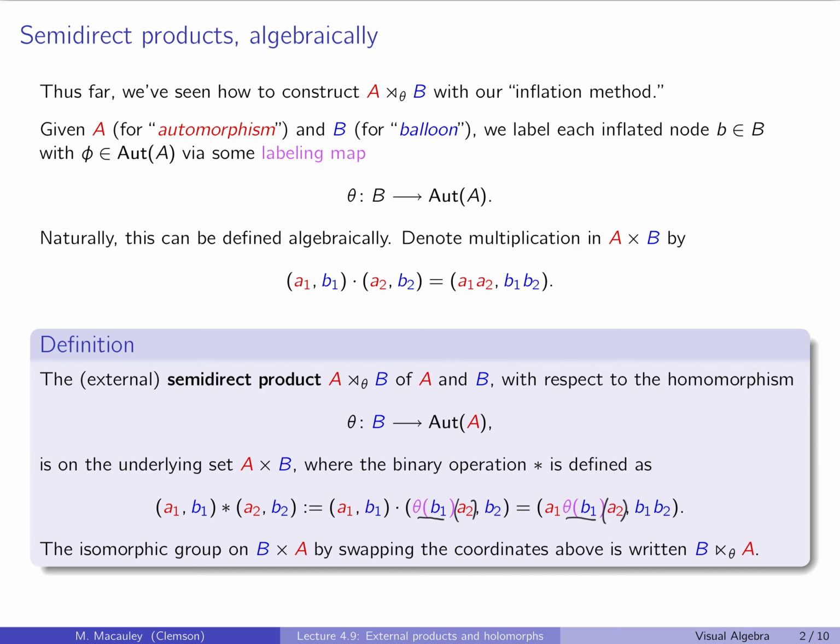Now, we defined it like this, but really you can just hold this definition up into a mirror and put the B's first. So we could define a similar group on B cross A, just by swapping the coordinates, and we will write that B semidirect product A. So if we do that, the open side of the symbol will point toward A, and we'll see why later.